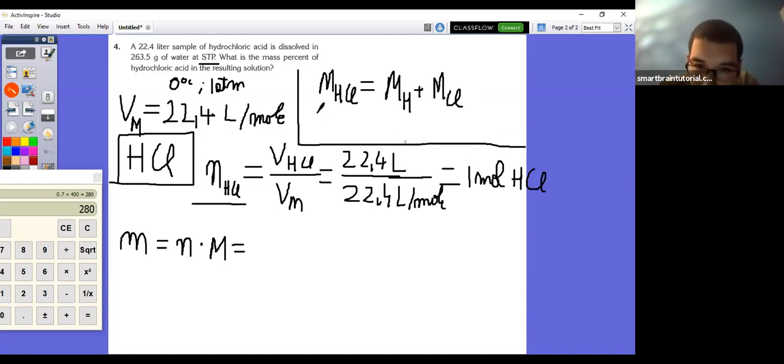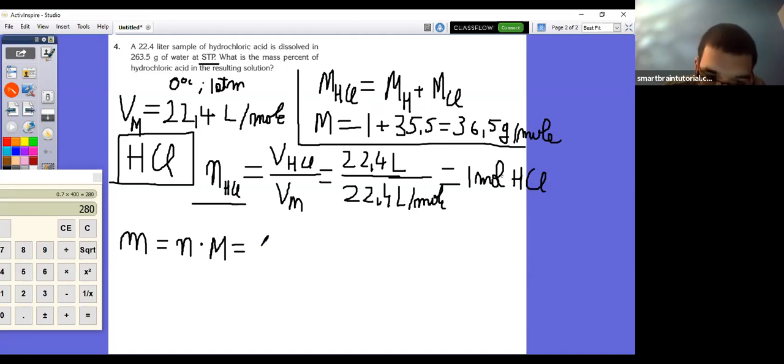Hydrogen is 1 and chlorine is 35.5, so the molar mass of hydrochloric acid is 36.5 gram per mole.